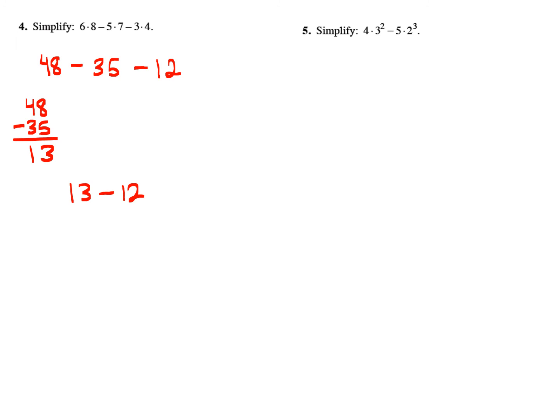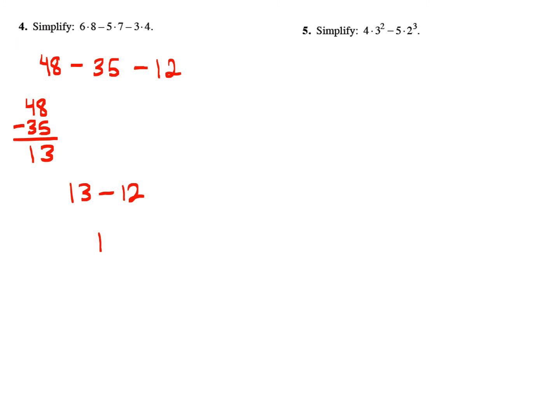Nah, that's stuff we learned in 2nd grade. 13 minus 12, 1, and done. Are we good there? Now, if you did change it to addition, no problem. This way you actually had extra work to do. But you still should have wound up with 1. So especially with subtraction, you want to consider real quick here, do I need to change it? It's a lot easier to do without.